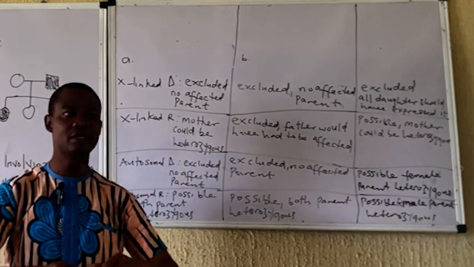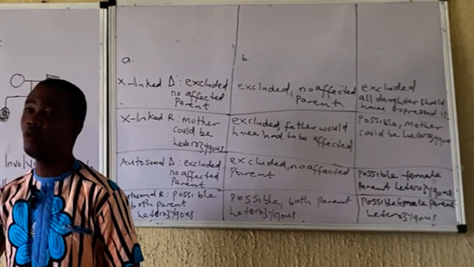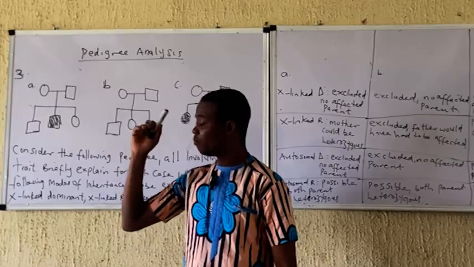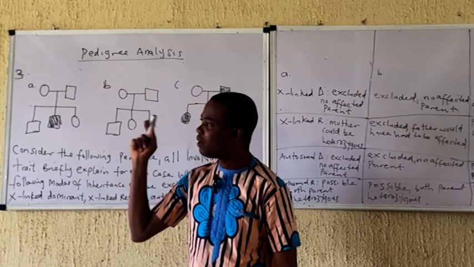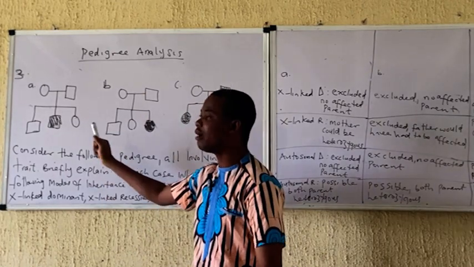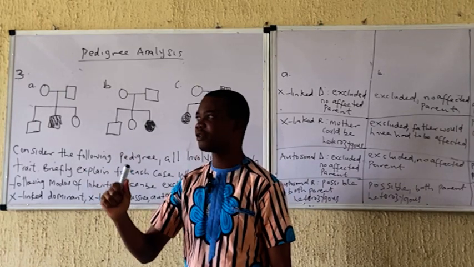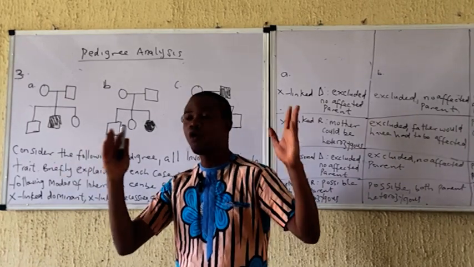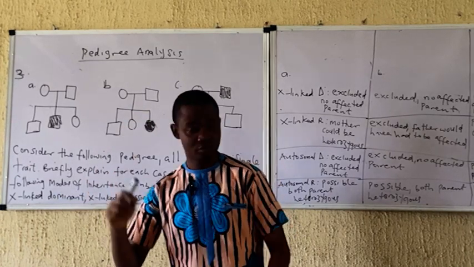For autosomal dominant, we must know that affected parents produce affected children. That's one. Affected parents can produce unaffected children. And the last one is that unaffected parents cannot produce affected children. Please note those rules for autosomal dominant and X-linked dominant.